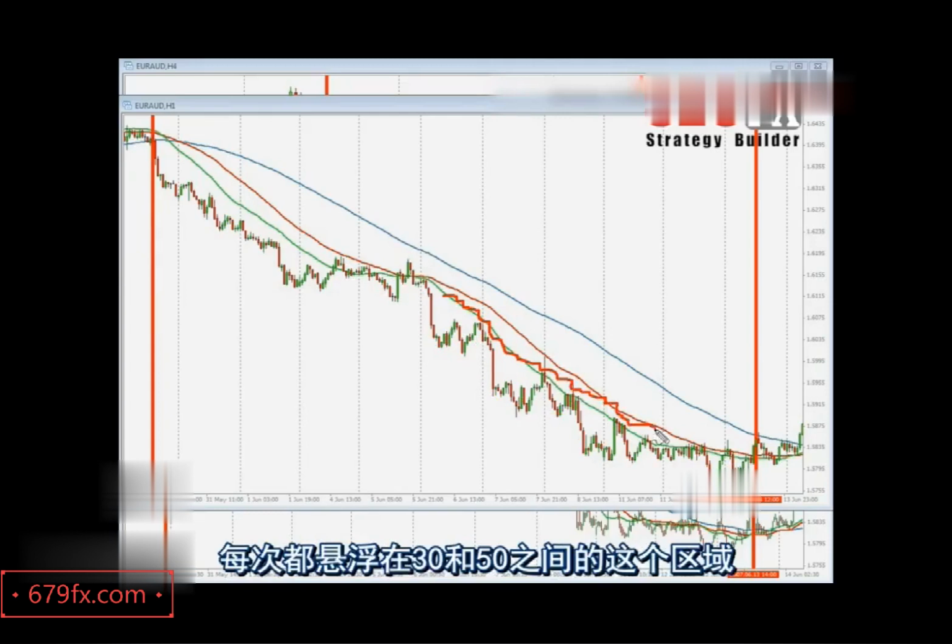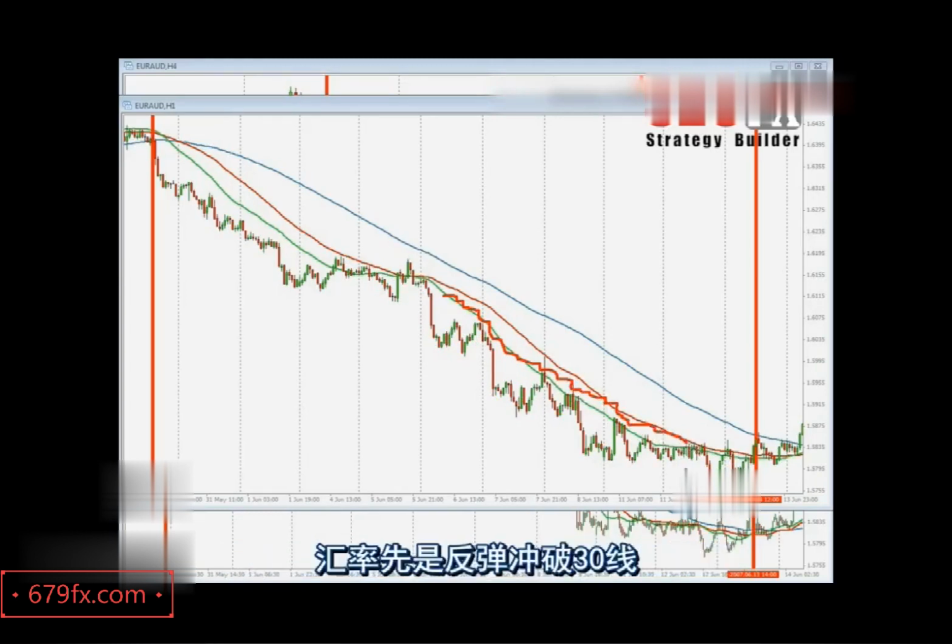Always mark the area between the 30 and the 50. That's a decision taking area. That's where we want the pullbacks to end, and from there, find resistance. Price turns around, and a new swing is created in the direction of the trend, in the direction of the moving averages.